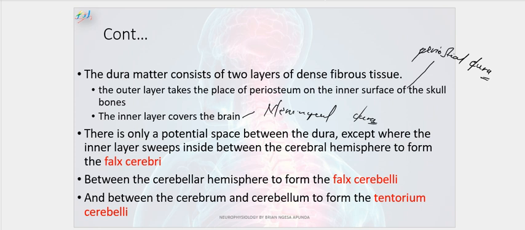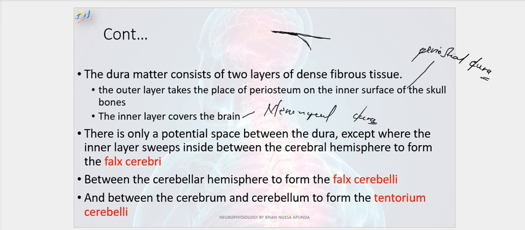A potential space means that these layers are greatly opposed, in a manner that physically they seem as if there's no space. You don't expect anything between, apart from some places where you'll see a real space that develops between the periosteal and the meningeal dura. We've said that the periosteal dura lines the skull, while this one lines the brain.